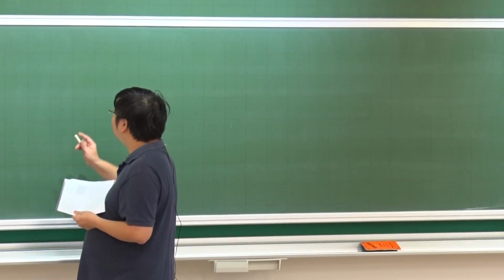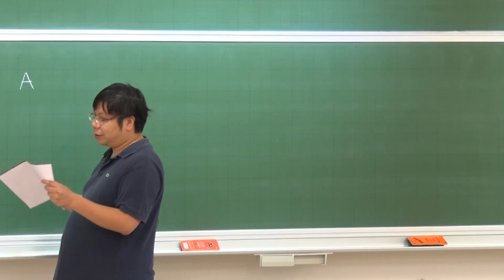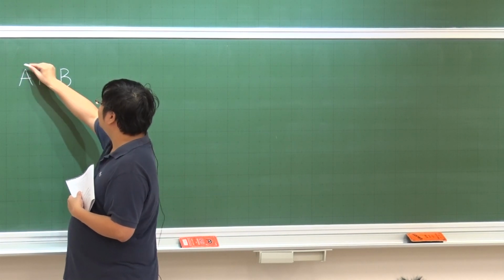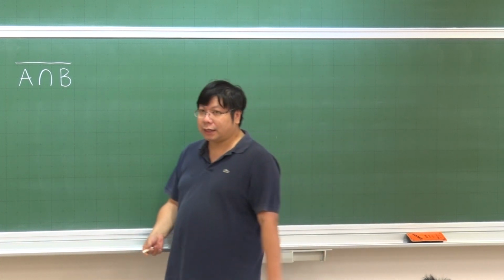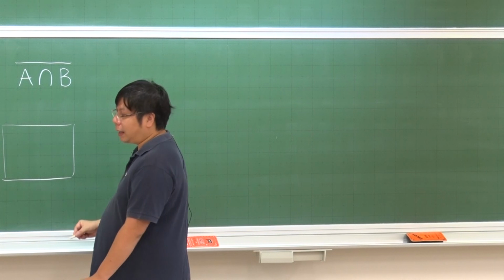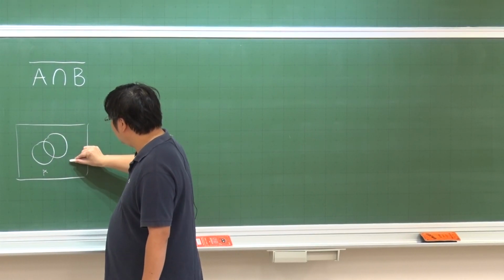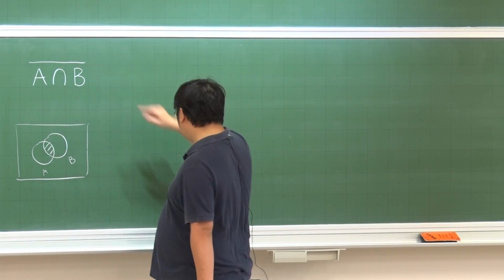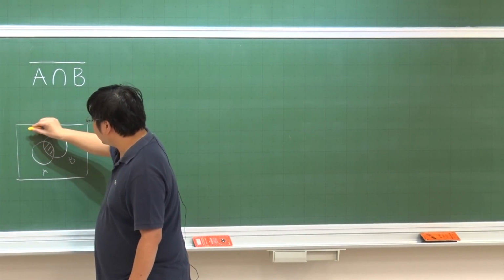Suppose this is the identity that we want to show: A intersect B, if you do the complement, is something that is not inside A intersect B. If you draw a Venn diagram, this is A, this is B, this part is A intersect B, and the complement of A intersect B will be all this yellow area.